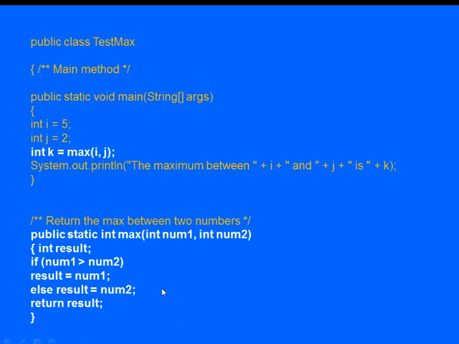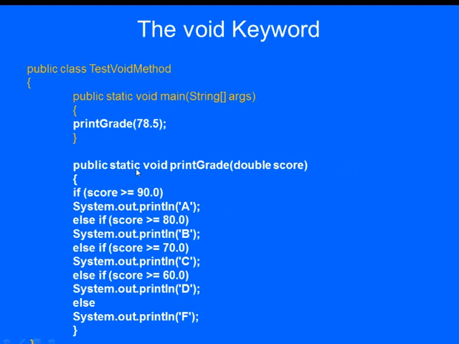In the previous example, as the return type was int, we used the return statement because this max method was supposed to return an integer value whenever and wherever it is called. But in this example, as the return type is void, we must not use the return statement.